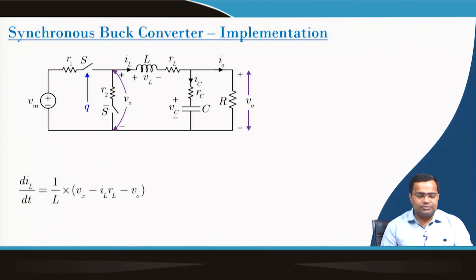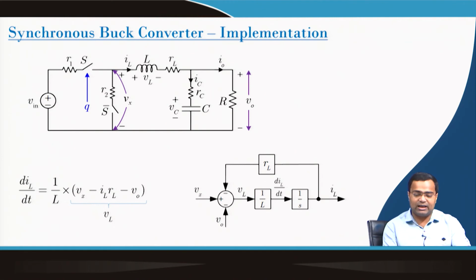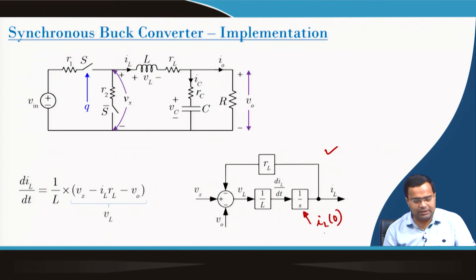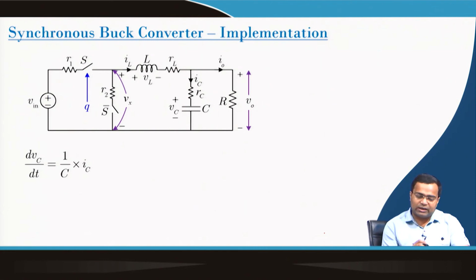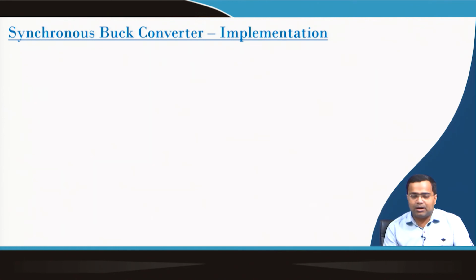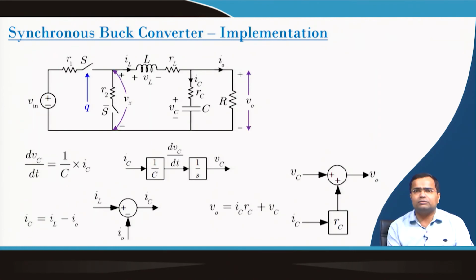So, now again we can write down this equation, this part we already know how to implement, and we can plug in the IL initial condition. We can also plug in the capacitor voltage, there is no problem, we already did it, but these parts are well known, we have already shown.